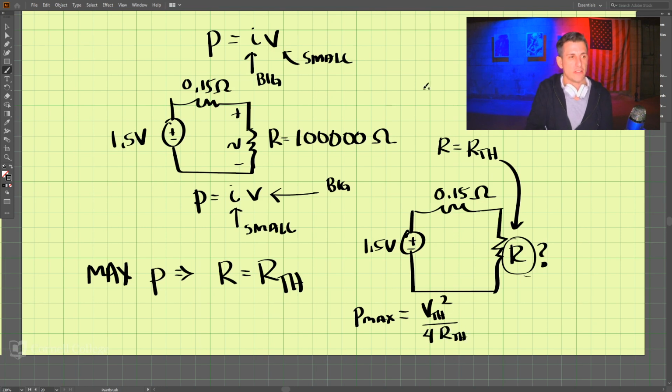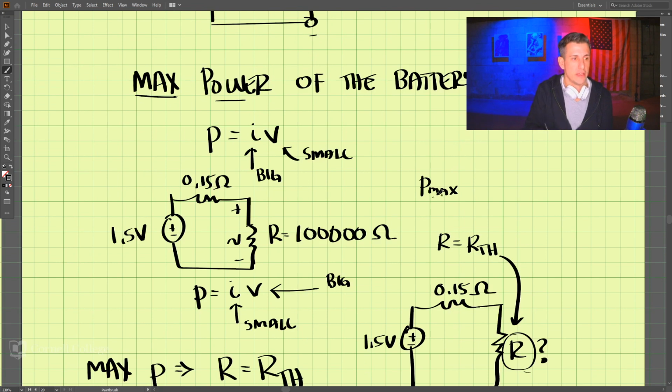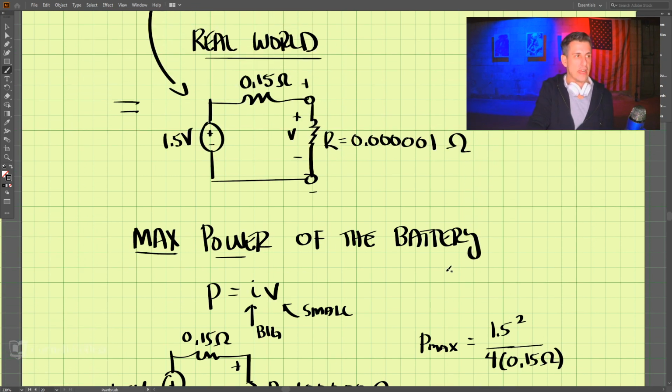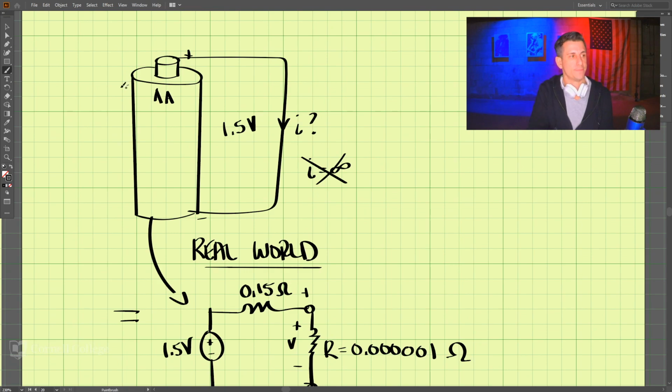So in this case, our maximum power is equal to 1.5 squared divided by 4 times 0.15 ohms. And that would be the maximum power that we could get out of this battery right here.